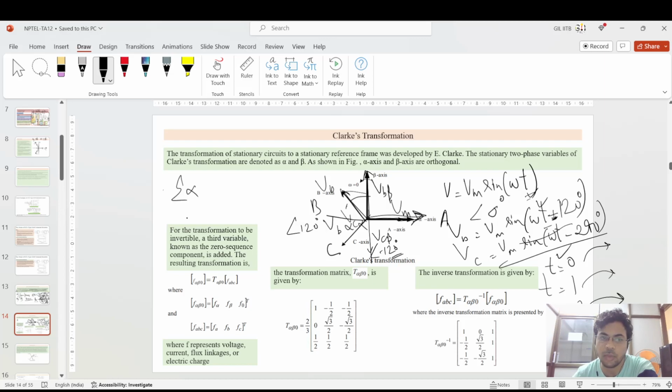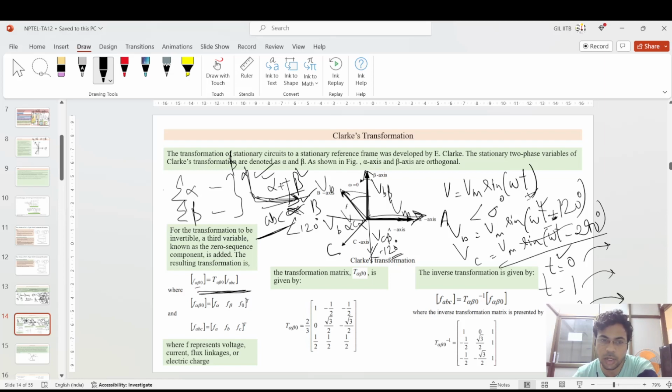Vc has two components, that is Vc beta and Vc alpha. So if you sum up all the alpha components and sum up all the beta components, you get only two frames, which are not time varying. Why? Because the alpha beta frame is not time varying. It's only a magnitude component. If you see, it all lies either on the alpha or on the beta frame. So alpha plus j beta. If you control this alpha and beta frame, you can directly control these ABC equations.